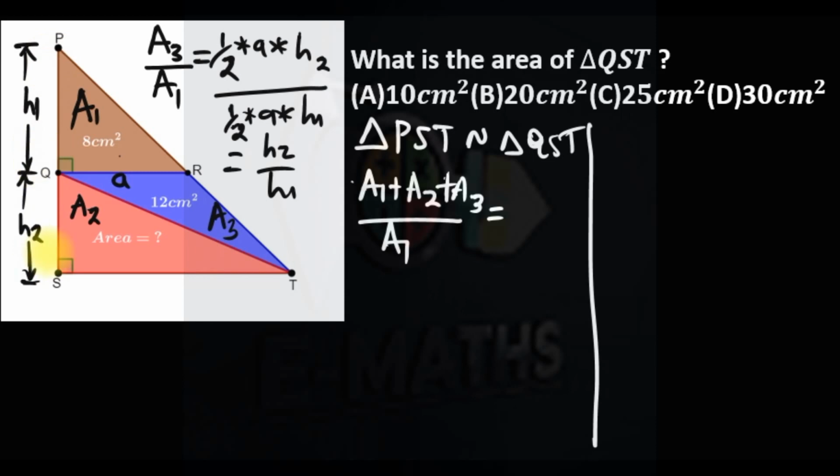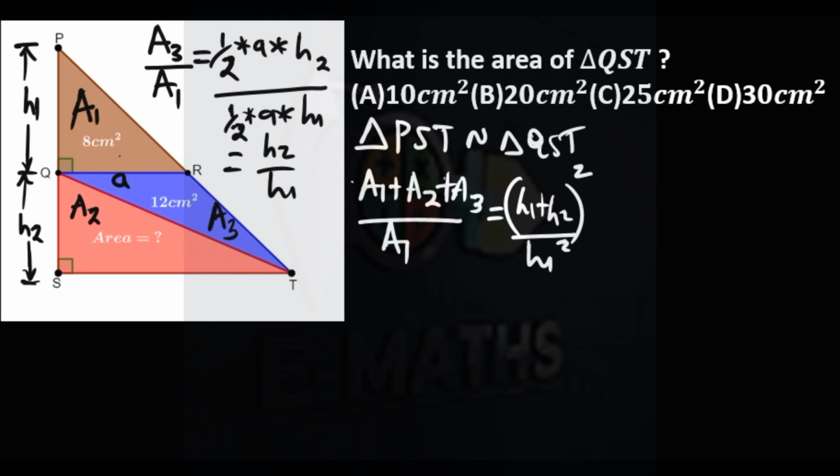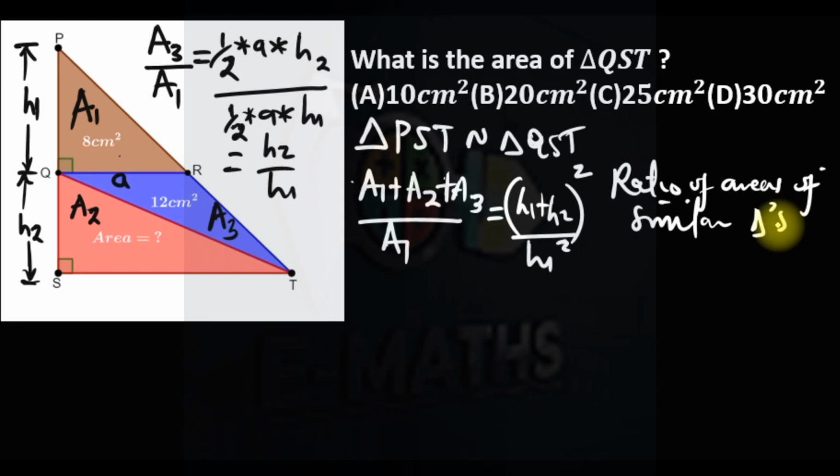So the height here is H1 plus H2 all squared over H1 all squared. That's the formula for the ratio of areas of similar triangles. Okay, let me just remove this. Ratio of areas of similar triangles. So let's now continue from here.